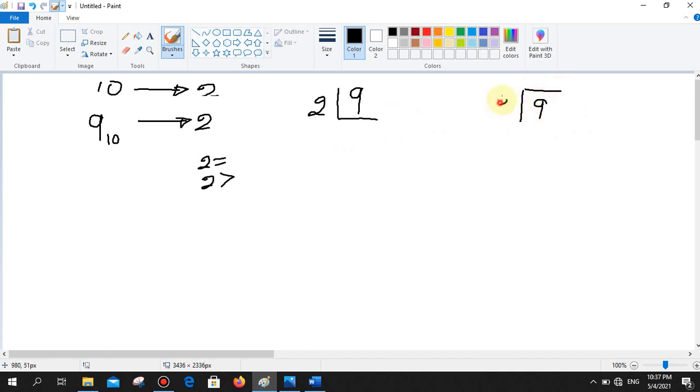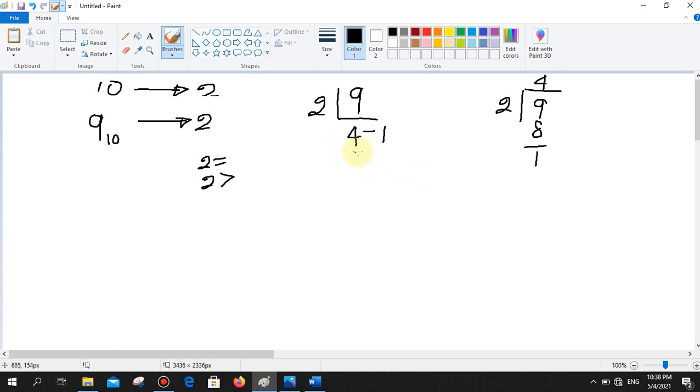Normally you divide in this manner. 2 times 4 is 8, and the remaining value is 1. Like normal division, we are not going to divide this 1 by getting a 0 here. So this 4, you need to write here, and the remainder is 1. By drawing a line, you write the 1 on this side.